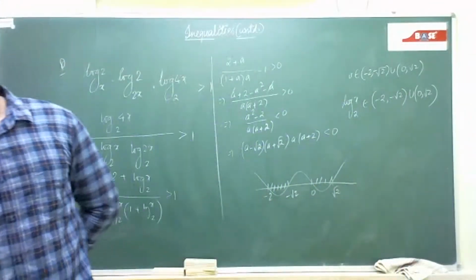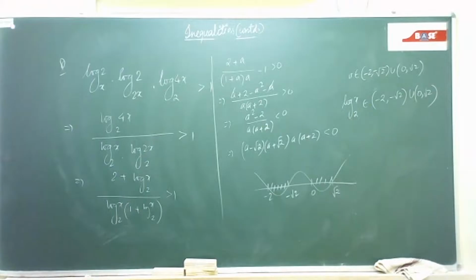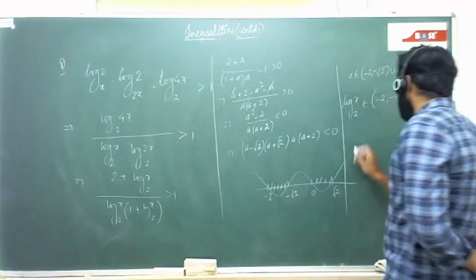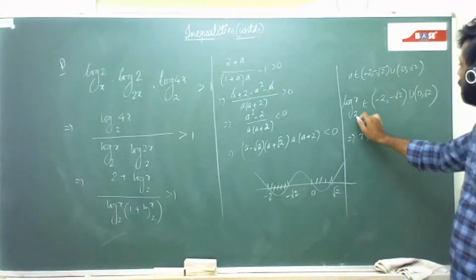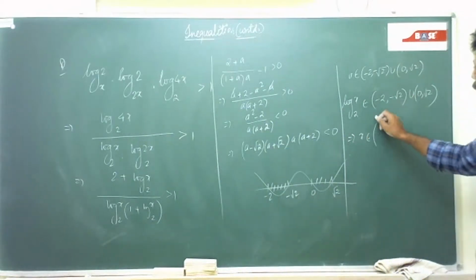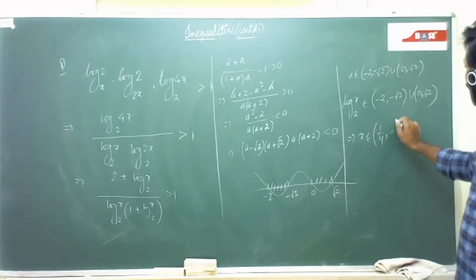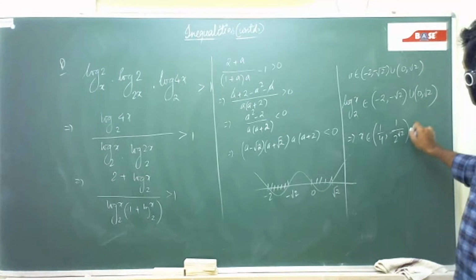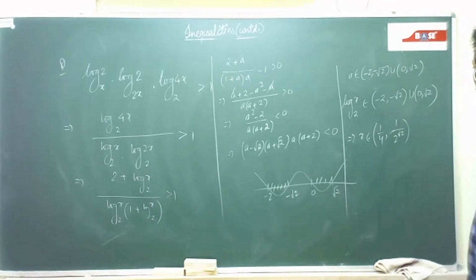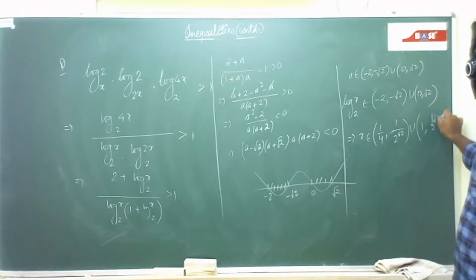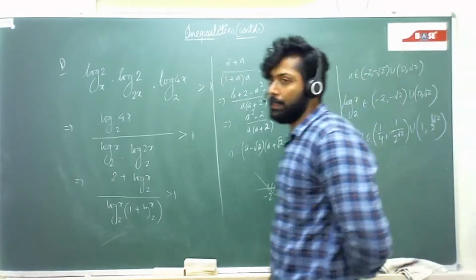Now we need to find out x from there by taking antilogs. Antilog base is 2, so straight away 2 to the power minus 2, that is 1 by 4, and so on. I think union 1 to 2 to the power root 2. I think that's what we got.